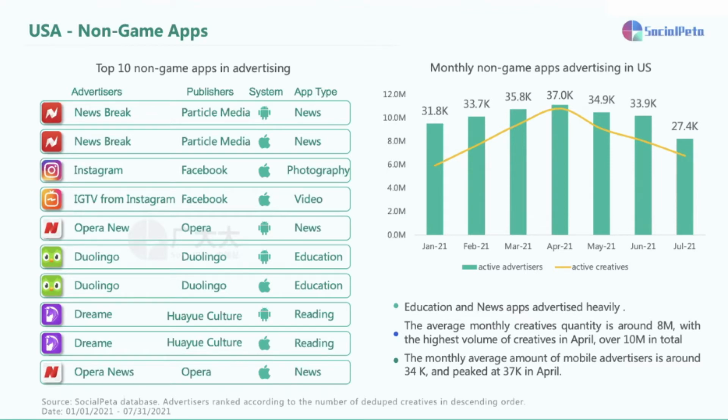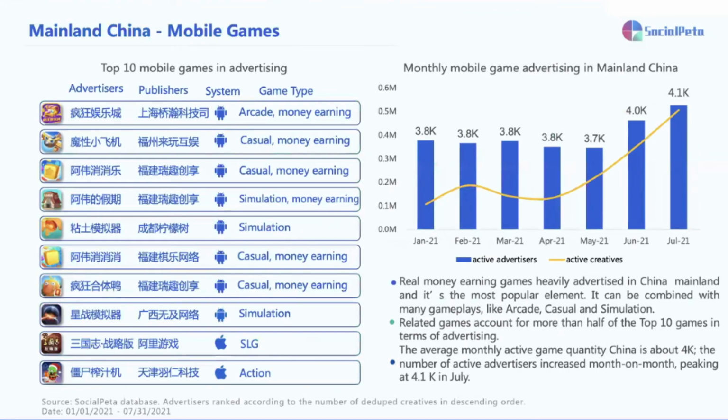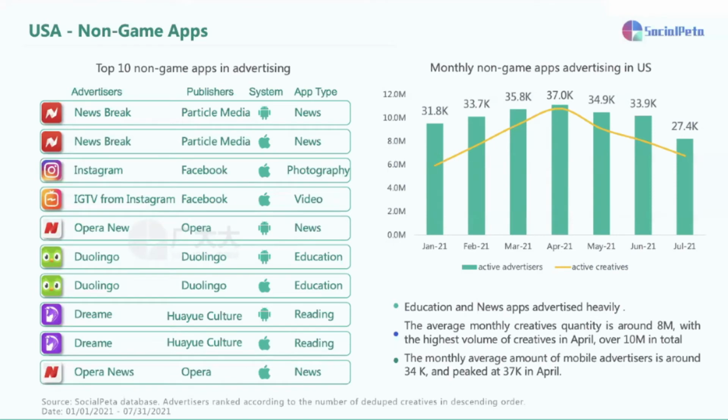Well, in the non-gaming category, news and education are heavily advertised, and the average monthly creative quantity is around 8 million, and the highest volume of creative was in April, and it's already over 10 million.